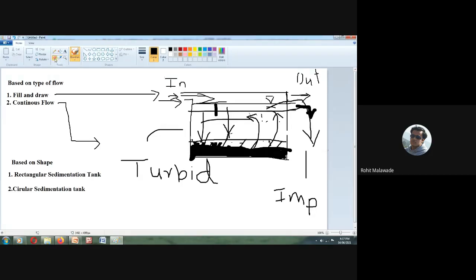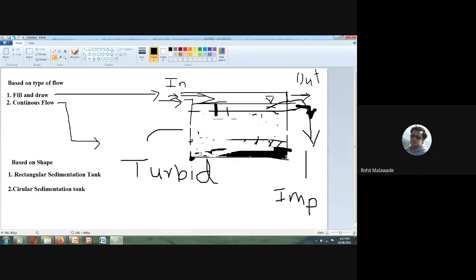If you keep the sediment at the bottom, this problem will happen. After giving a sedimentation time of about 24 hours, you are going to clean it.